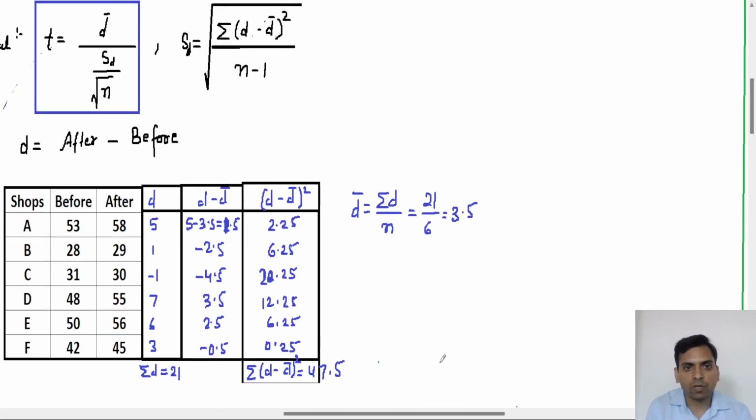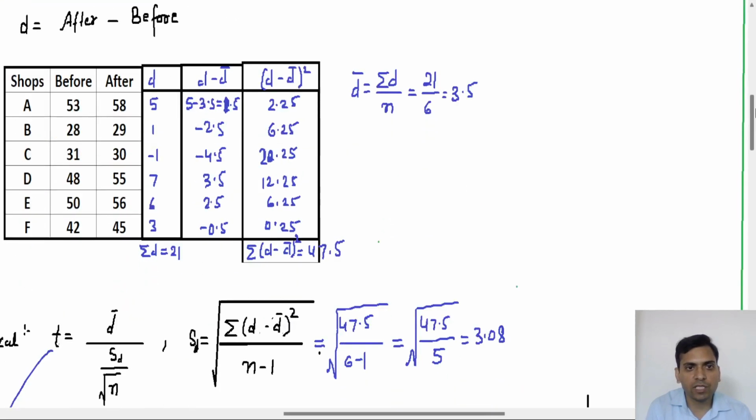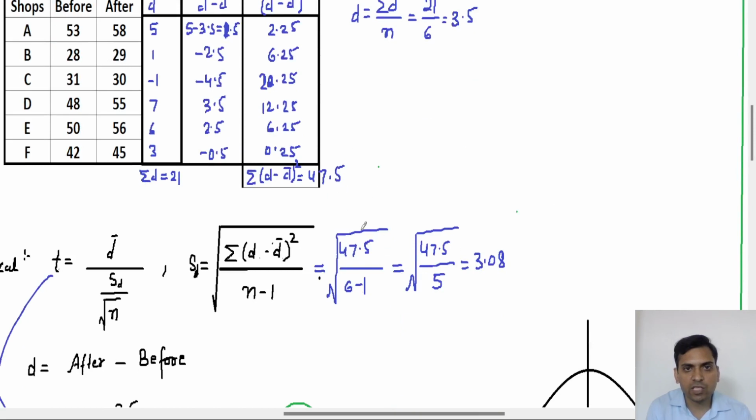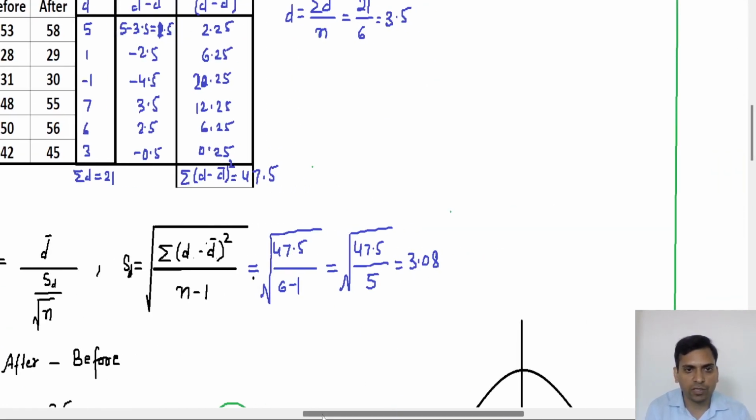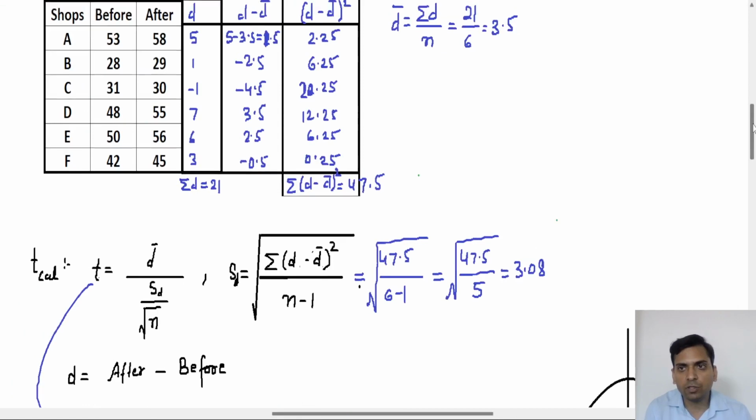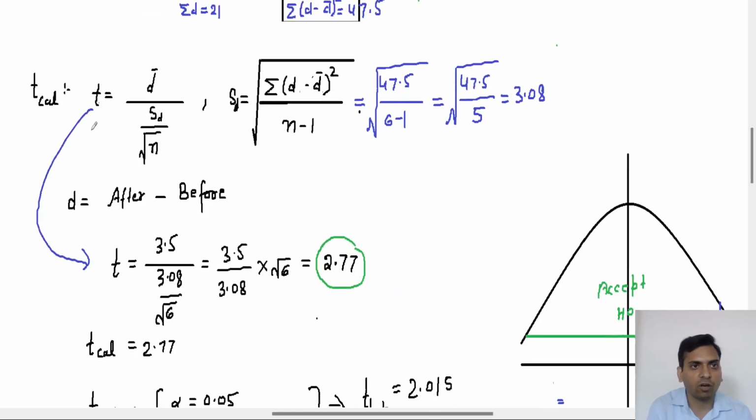As per this calculation, this summation is 47.5. Now we will put this 47.5 and n equals 6 observations in the formula of SD. So you will get SD equals 3.08.